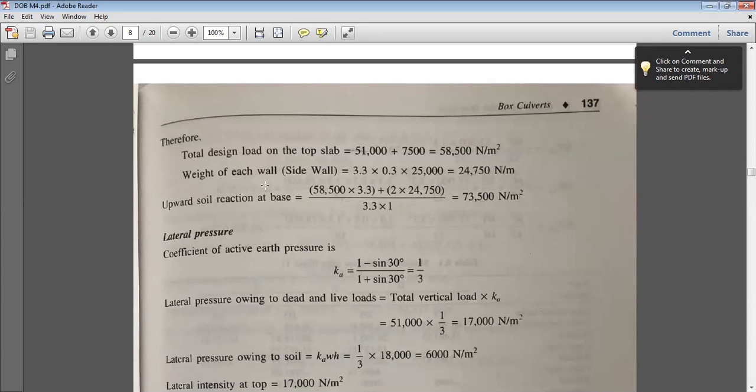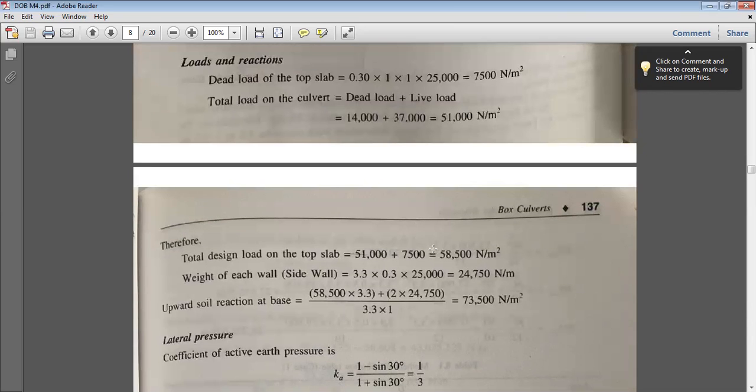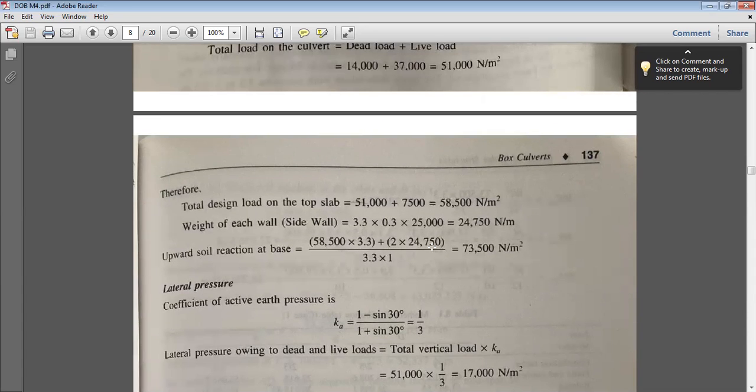That is 58,500 into 3.3 plus 2 walls, 2 into 24,750, divided by 3.3 into 1 meter. That means the total load which is acting from the top, that is 58,500 into 3.3, plus due to the side walls 2 into 24,750, divided by the area at the base, that is 3.3 meter width and 1 meter length that I will consider. So it will give you the soil pressure acting from the bottom.